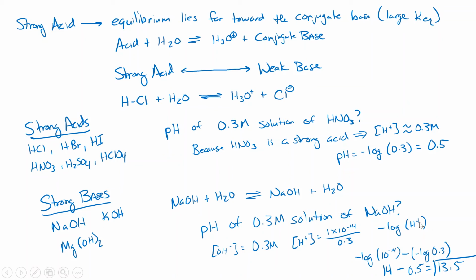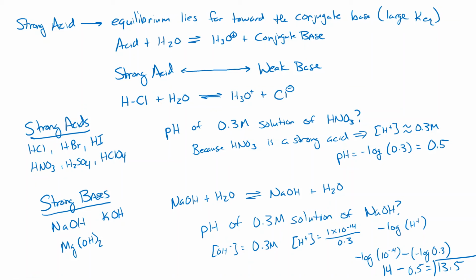Okay, so now, the other thing we can do is if we know that the negative log of 0.3 is 0.5, we can just take 14 minus that 0.5 and get the pH of that solution because we know that OH minus and H plus are related that way.